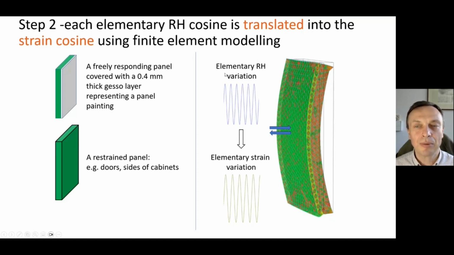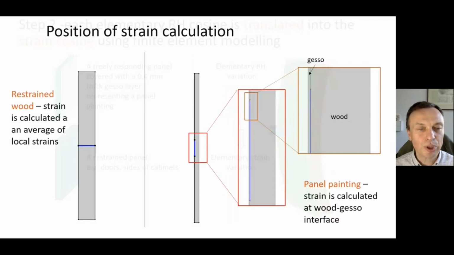So we have elementary RH variation, and we calculate elementary strain variation. But it's important to know where to calculate the strain variation. For the restrained wood case, we calculate the strain as an average of local strains across the wooden panel.